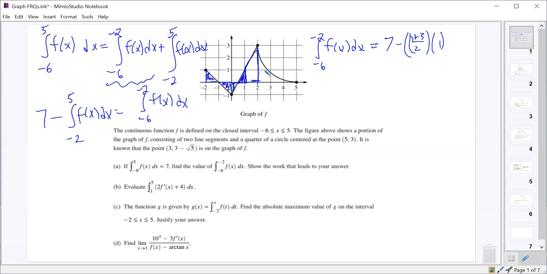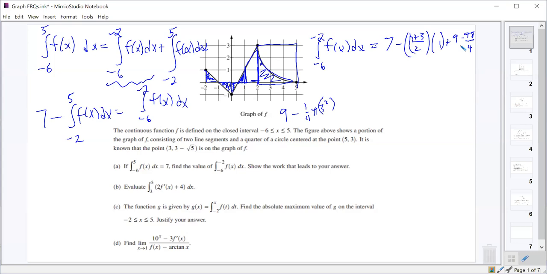And then the chunk here that comes from the quarter circle needs to be the entire area of that square, which is 9, minus the area of the quarter circle, which is 1/4 pi times the radius squared. So this chunk underneath here ought to be 9 minus 9 pi over 4. So this plus 9 minus 9 pi over 4.